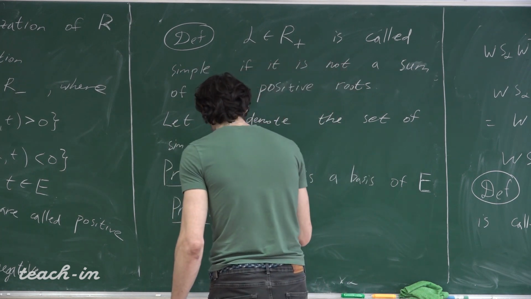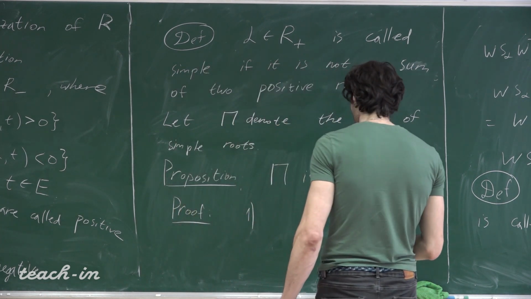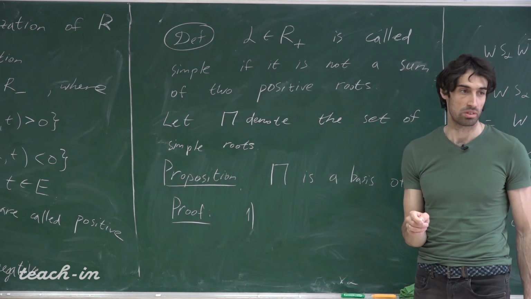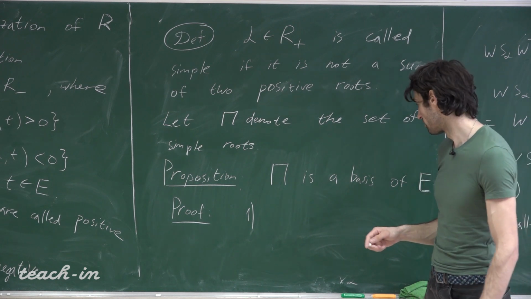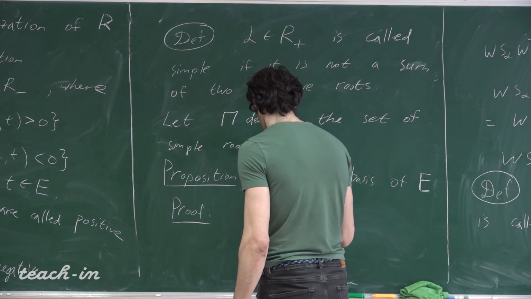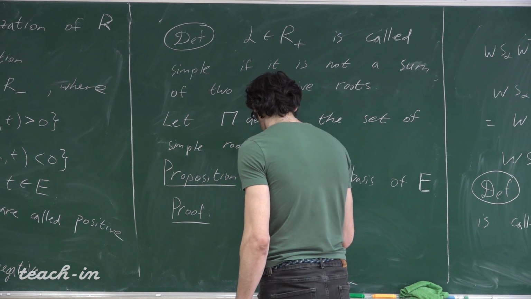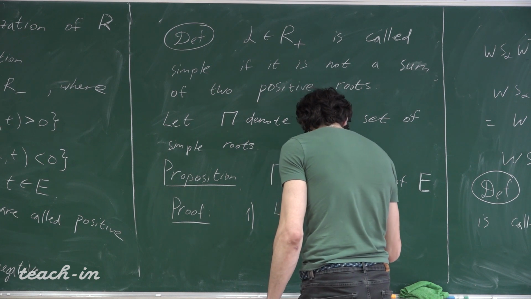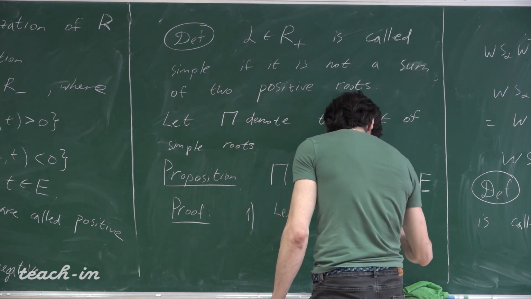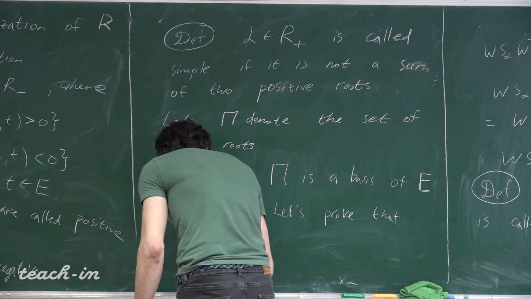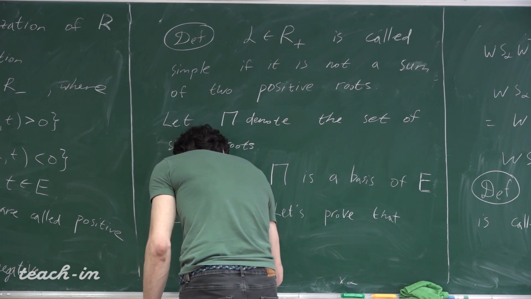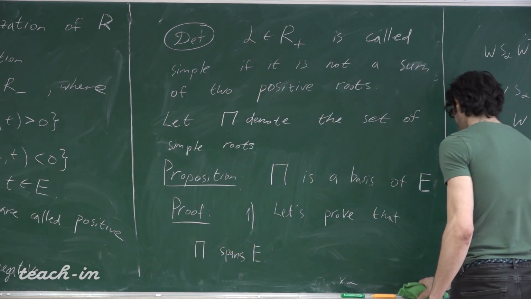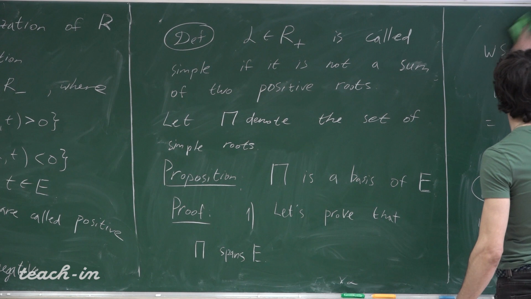So first, let us prove that pi is not too small, so it still spans E. Let's prove that pi spans E. What to do here is clear.